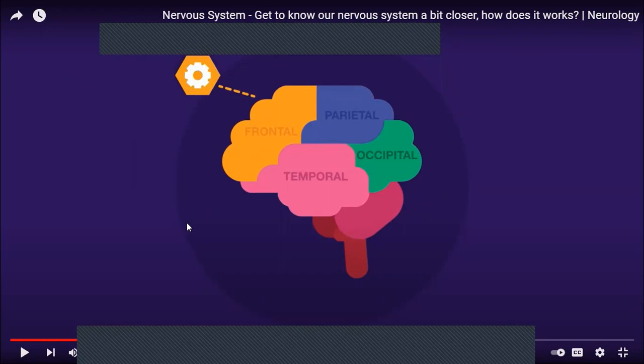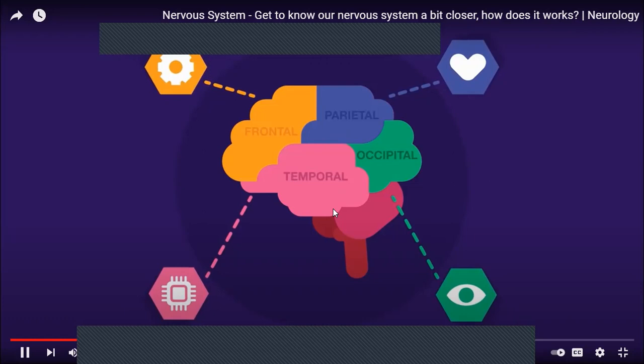They are separated from each other but joined by nerve fibers, and they are 2, not 1 only. They have many parts, like the frontal part, the parietal part, the occipital part, and the temporal part. These are the parts of your brain.